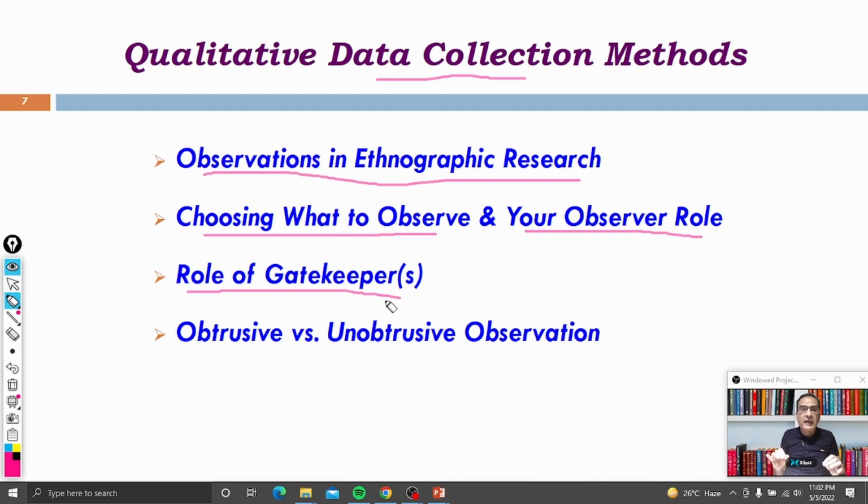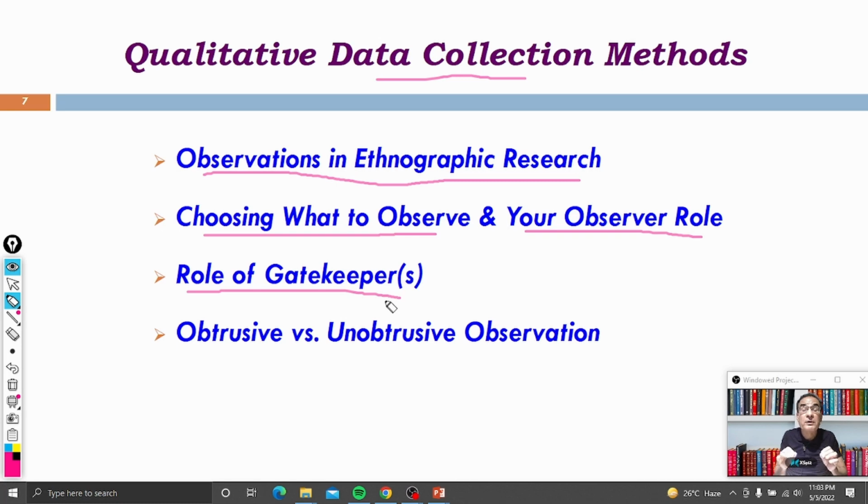Gatekeeper is a very common term in the United States, and gatekeeper means the head of the institution. For example, as a researcher, if you go into any school for collecting qualitative research data, first of all, you will get the permission. From whom will you get the permission?